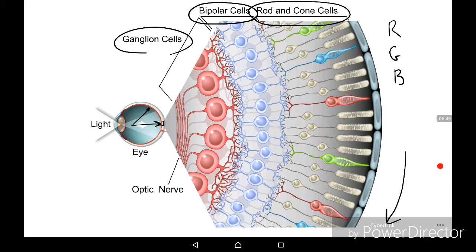At the place where the optic nerve is produced, we have a blind spot, but we do not normally feel it because we have binocular vision, and due to this binocular vision we have a stereoscopic impression.